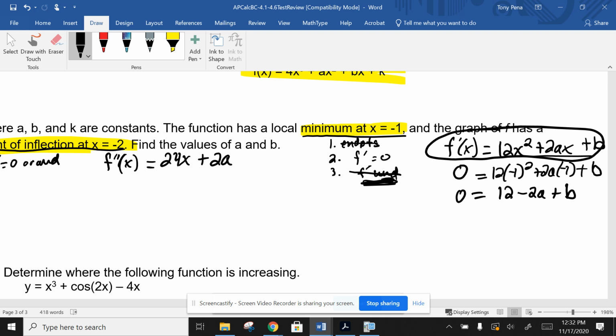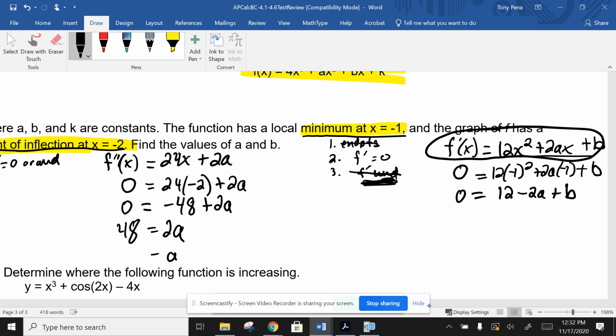Same idea now. If you let x be -2, it's not going to make that second derivative undefined. So the only other option is let your x be -2, and it must be giving us a second derivative value of 0, because that's the only time we can get a point of inflection. And then what we get pretty quickly is a little equation there that we can solve for a.